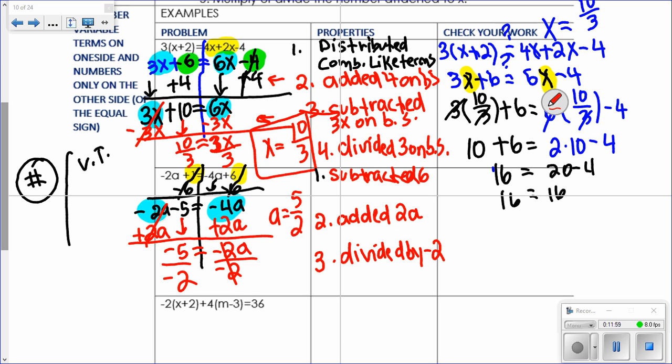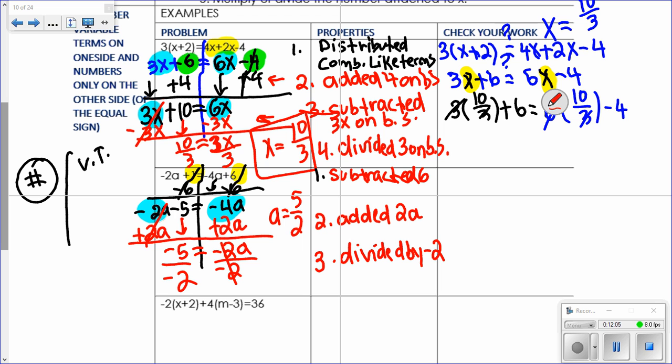Okay? And then I got my answer. Now we're going to check and see if this answer is correct. So rewriting my equation, negative 2a plus 1 equals negative 4a plus 6. So I'm plugging it in.